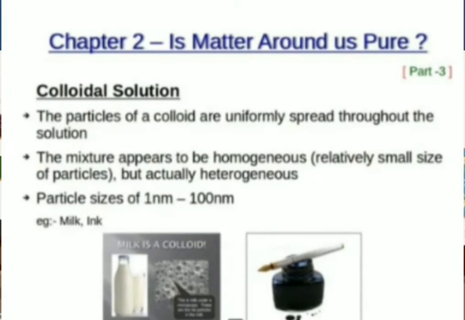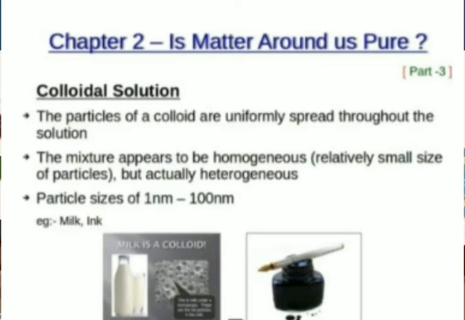And next we are going to study about colloidal solution. What is a colloidal solution? In a colloidal solution, the particles of a colloid are uniformly spread throughout the solution.